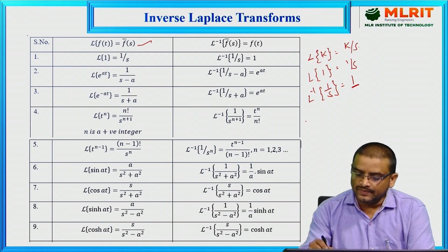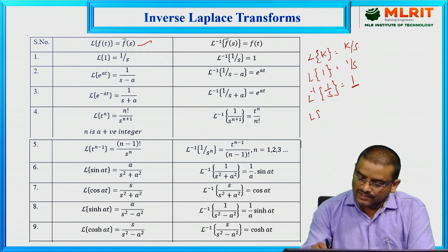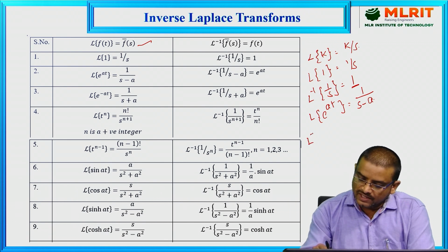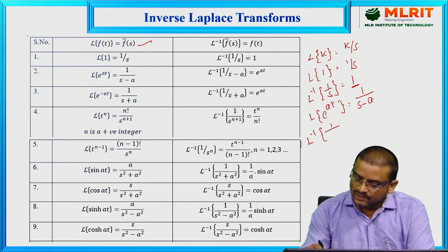Similarly, we have seen the Laplace transform of e power at, the exponential function, is equal to 1 by s minus a. Now you send this L to the other side, so it becomes L inverse of 1 by s minus a.